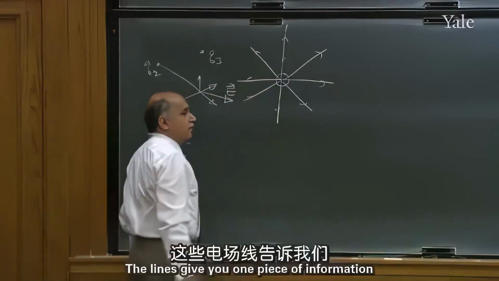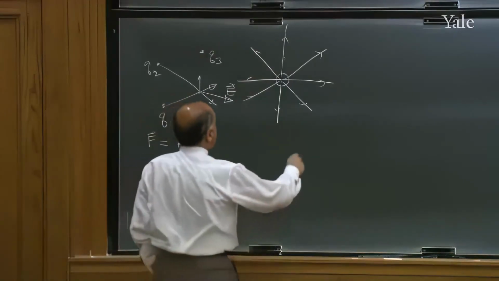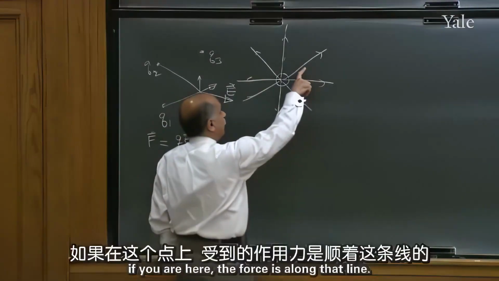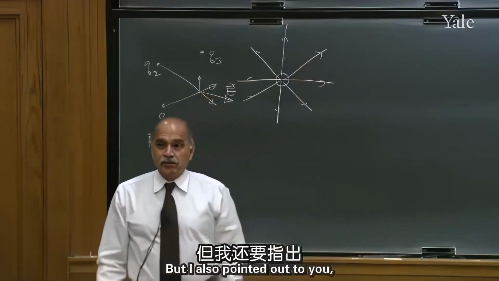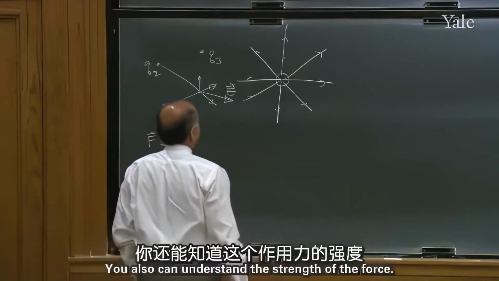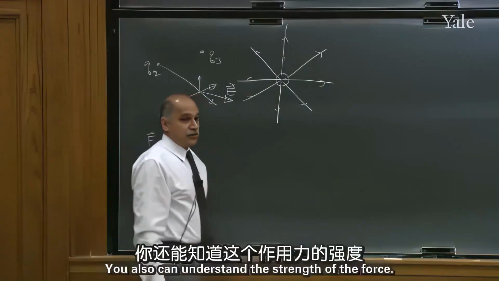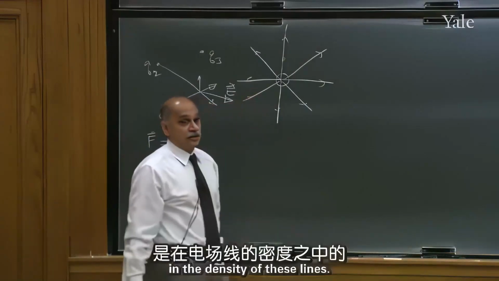The lines give you one piece of information which is very obvious, namely, if you're here, the force is along that line. But I also pointed out, you get more than just the direction of the force, you can also understand the strength of the force. The strength of the force is contained in the density of these lines.